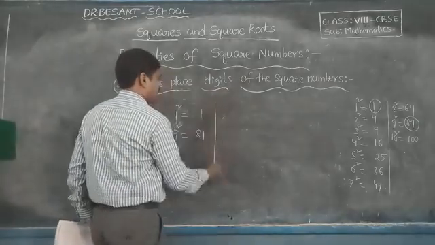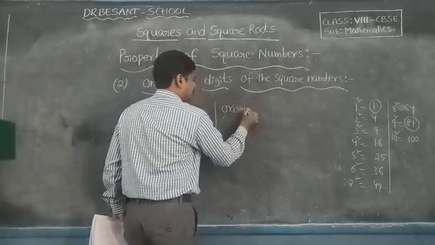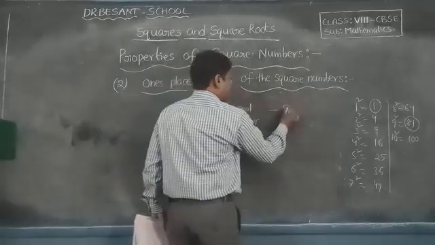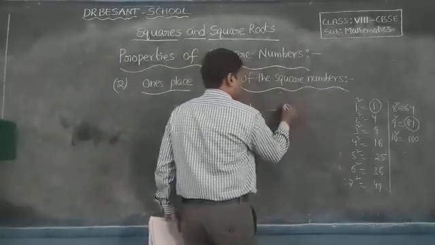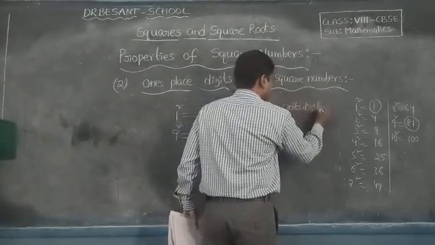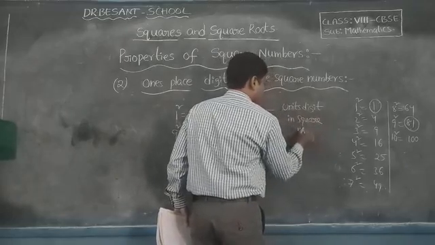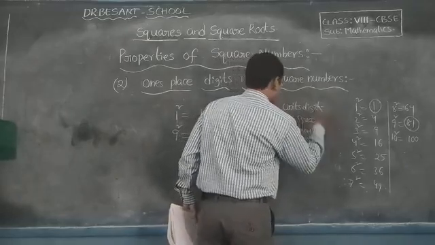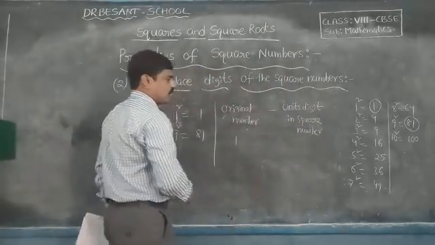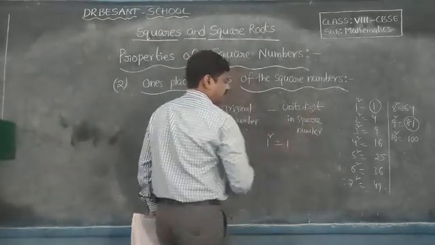So here original number, square number, unit digit in square number. Observe. Original number 1, that means 1 square is equal to 1.